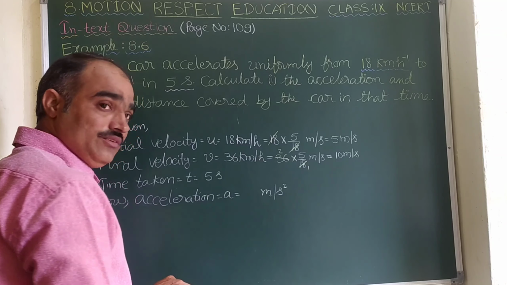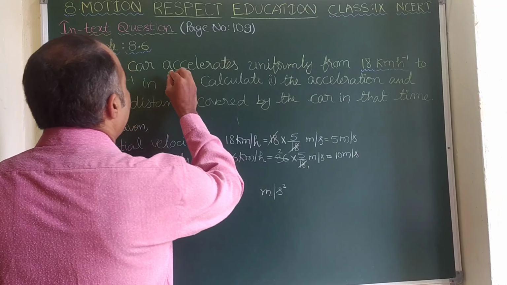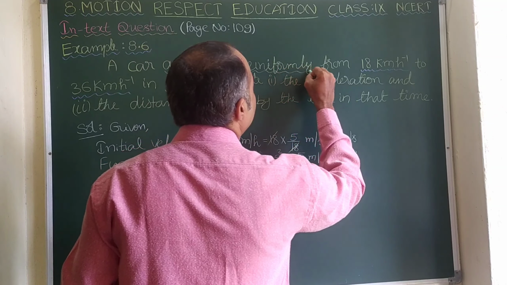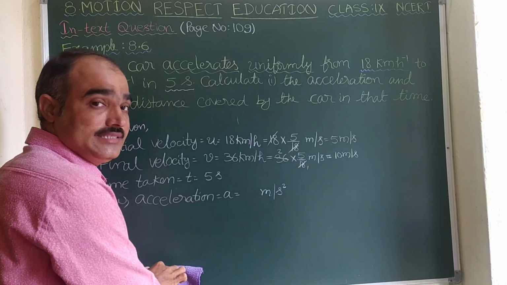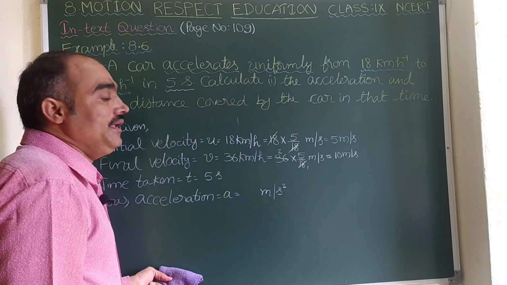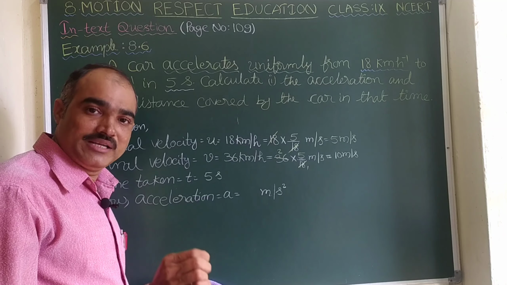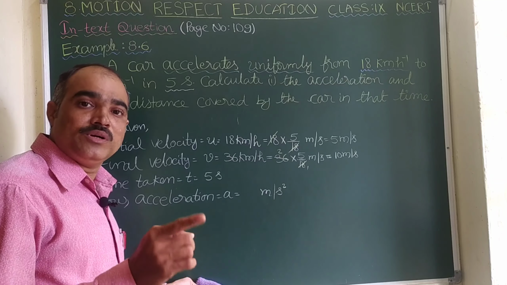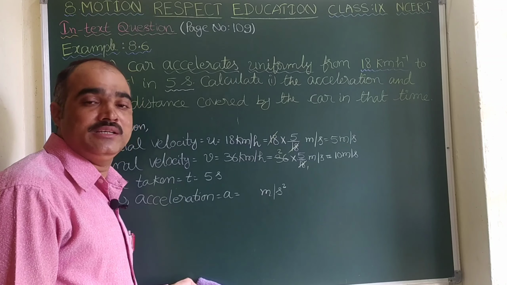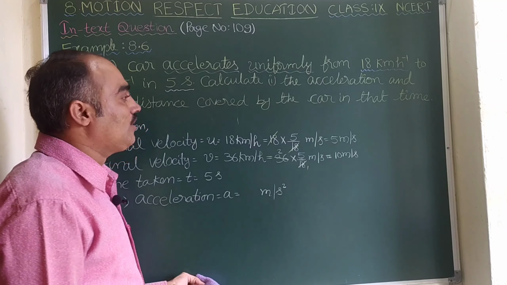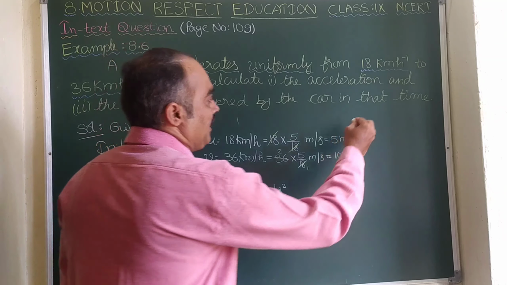Read the question once again: a car accelerates uniformly. Just understand this sentence in the given question. If any object is moving with uniform acceleration, then its motion can be described by using one of three equations. Let us see what those equations are.